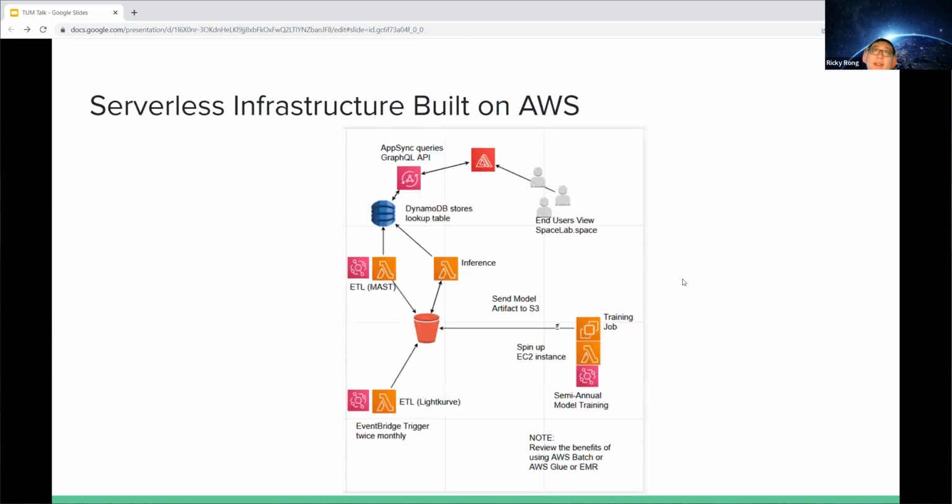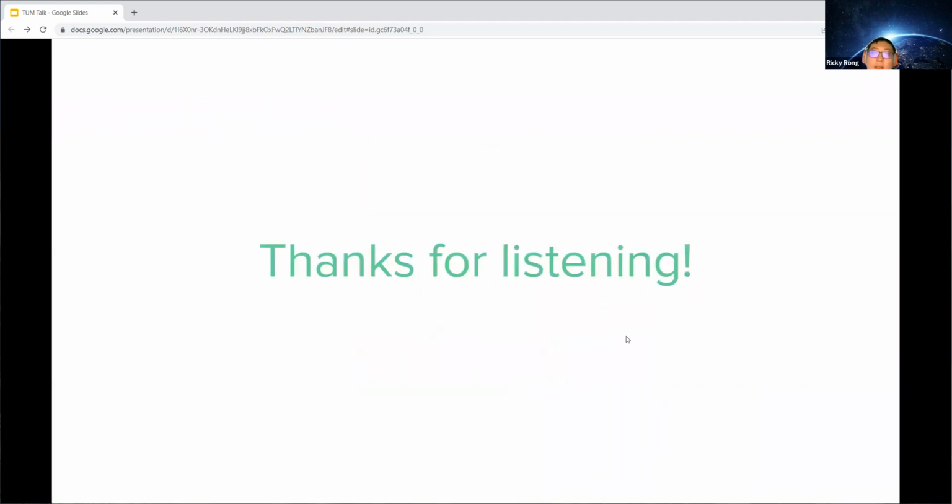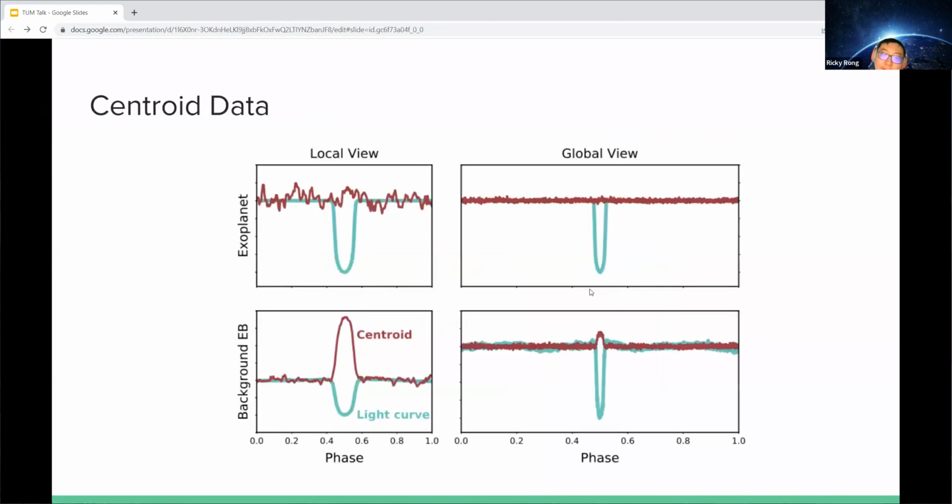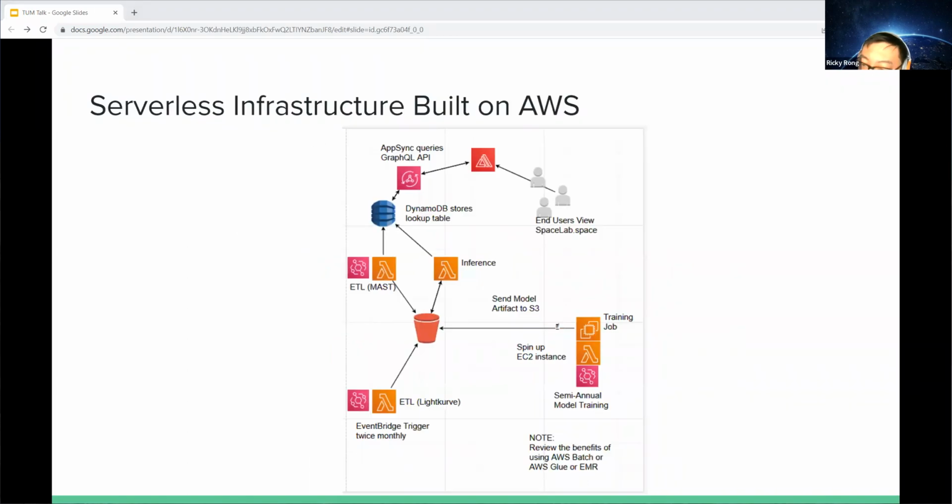Last thing I'll do, talk a bit about what Spacelab's infrastructure looks like here. Most of this is just planning. We wanted this to be serverless, and the reason for that is money issues. We didn't want to pay for a dedicated server.